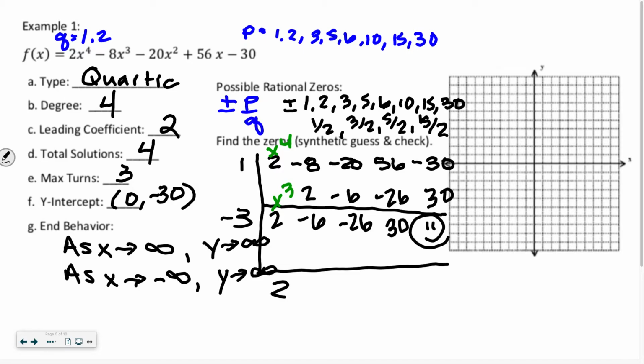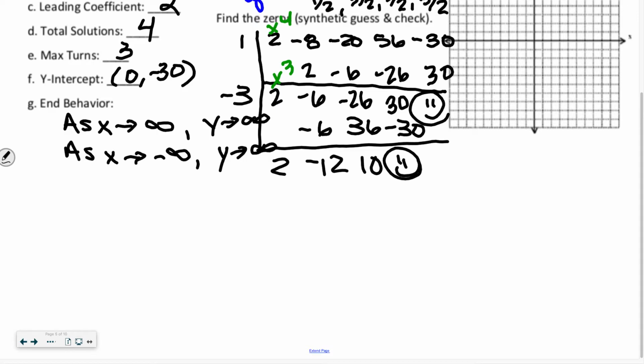It does. -3 works. Oh yeah, -3 works. Okay.